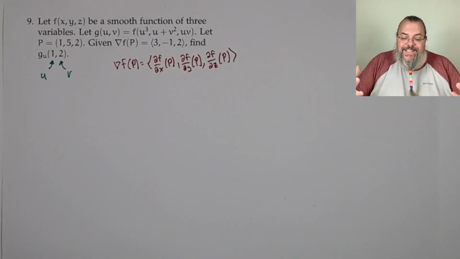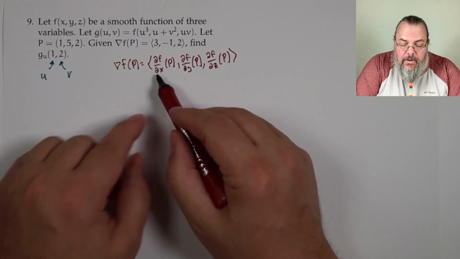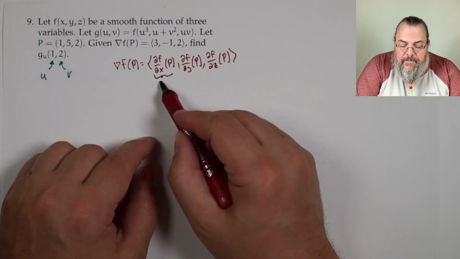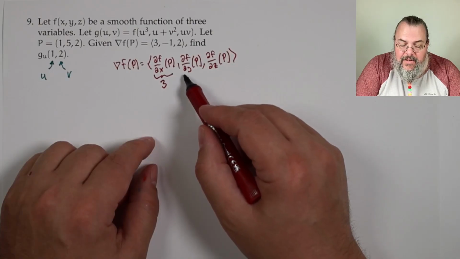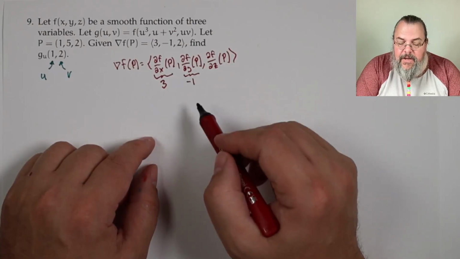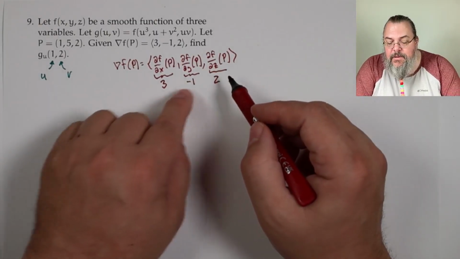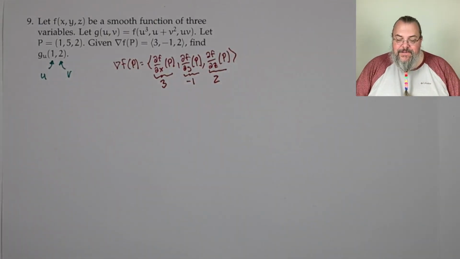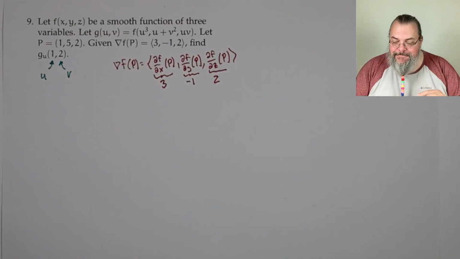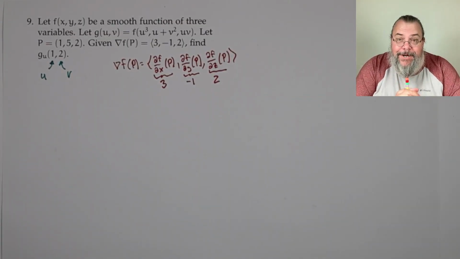It's the collection of partial derivatives. So this first slot is the derivative with respect to x, this second slot, derivative with respect to y, and this third slot, derivative with respect to z, are 3, minus 1, and 2. So we know those partial derivatives. That's good.